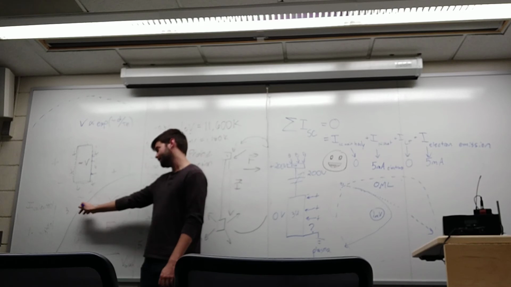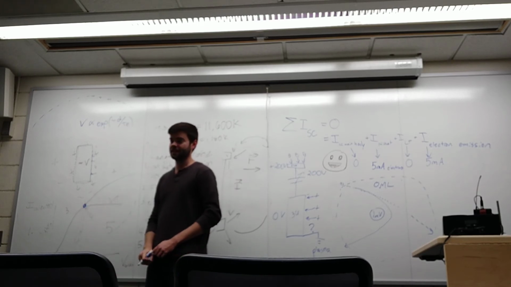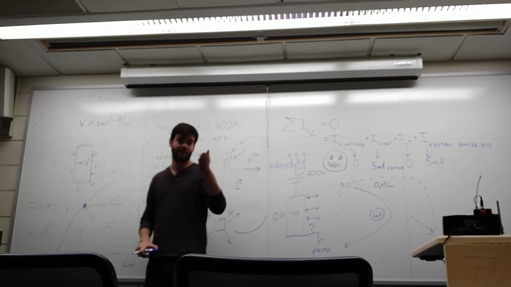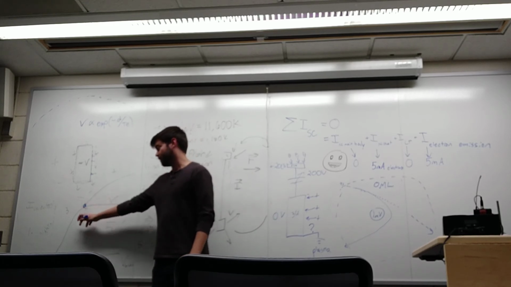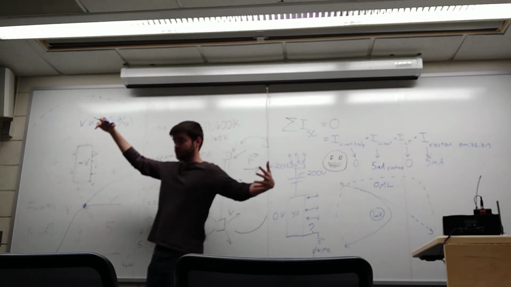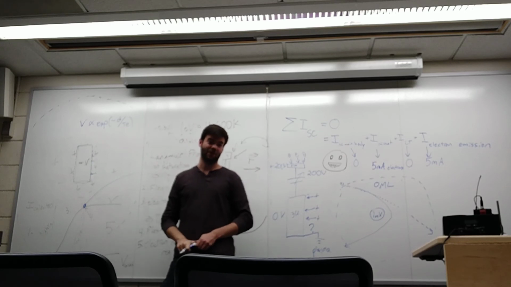So actually finding this point can be very difficult. If it's a very ideal plasma, a lot of times you can just find it by looking. But for these more OML big sheath issues, it can be very difficult, and sometimes it isn't even possible.